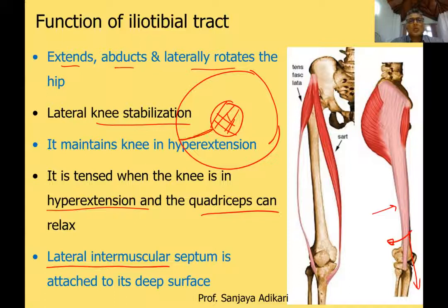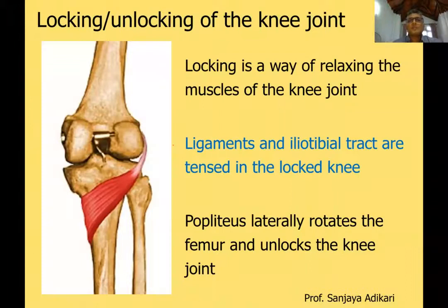So the intermuscular septa connect the periosteum of the bone to the deep fascia. So that is the general rule. Now here in the thigh, laterally the fascia lata, which is the deep fascia, is thickened and the iliotibial tract is formed. So the lateral intermuscular septum is attached to the iliotibial tract, the thickening of the fascia lata. Okay, so that is what is mentioned there.